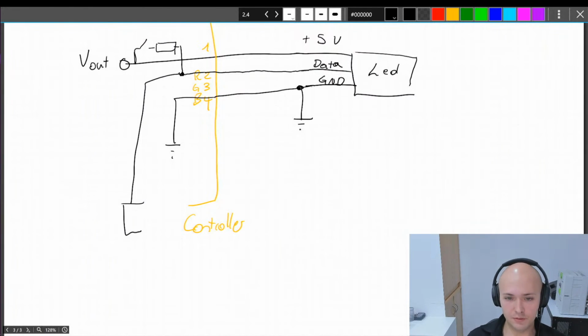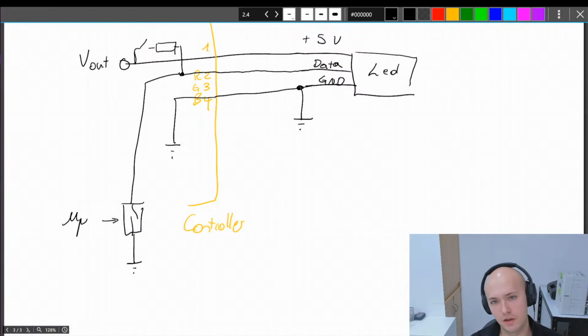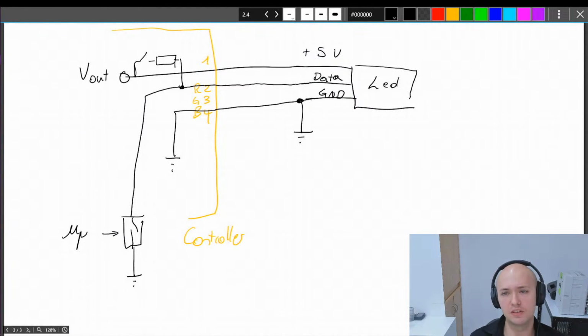And then we can use a microcontroller in some way to toggle the voltage on that pin to deliver the right data output. And that is something which is, I think, very elegant and that I will implement because it looks pretty nice and it adds a lot of capability to our device.